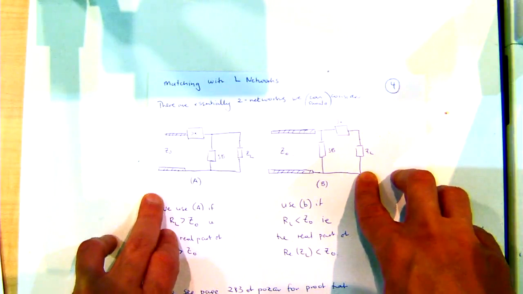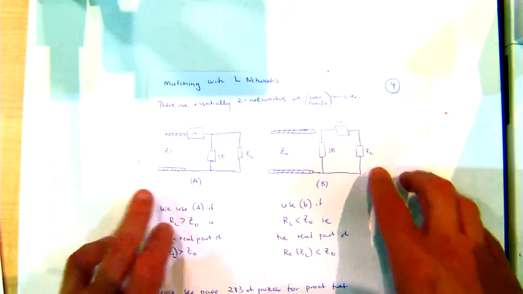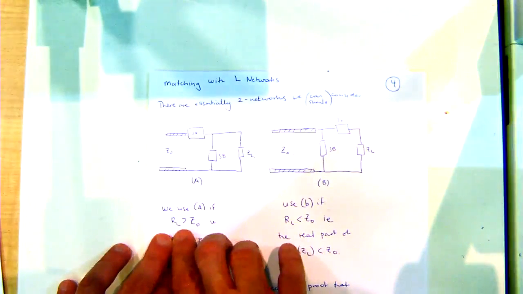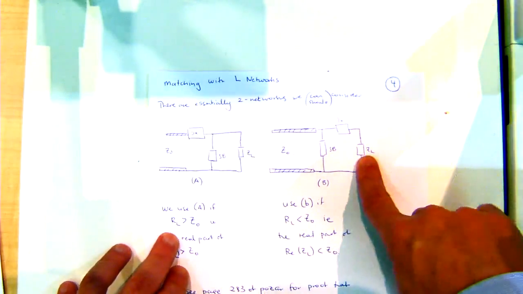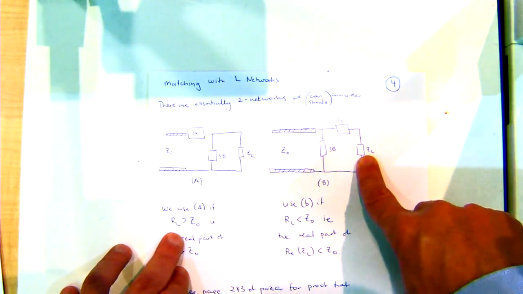So that was the only point here. I've had a few questions about this point, so I'm just trying to emphasise it. All I'm saying to you is, if RL was greater than Z0, you can still use this, but there's a high probability that you won't be able to find an appropriate solution for it.